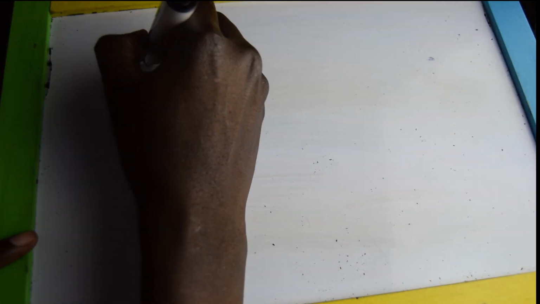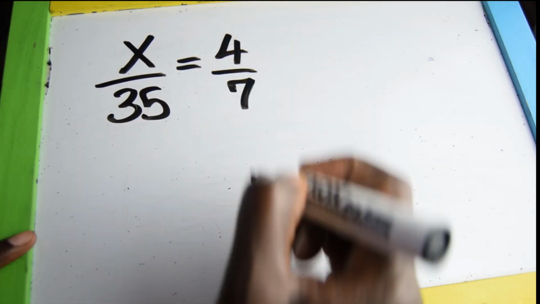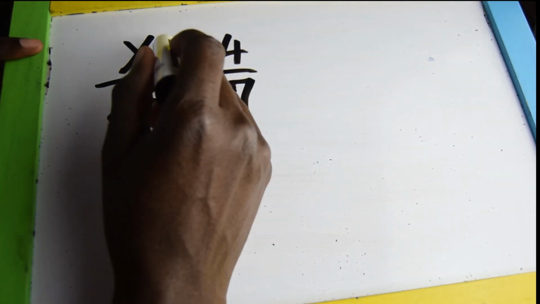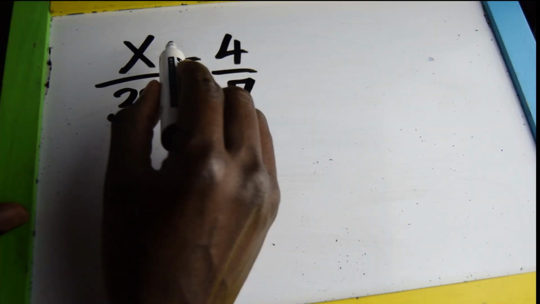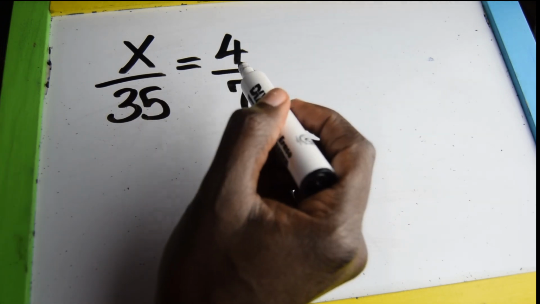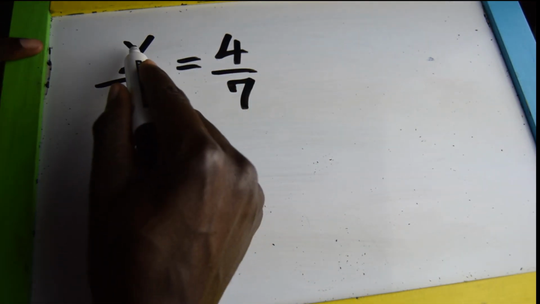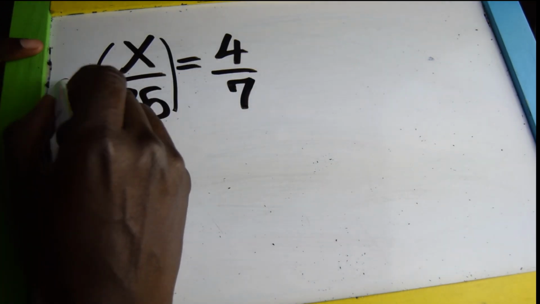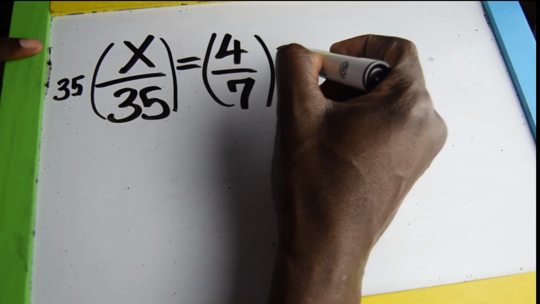Another example, let's say you're told x over 35 is equal to 4 over 7. I can use the first method: multiply both sides by the denominator of the variable. So this side is multiplied by 35, and this side also by 35.